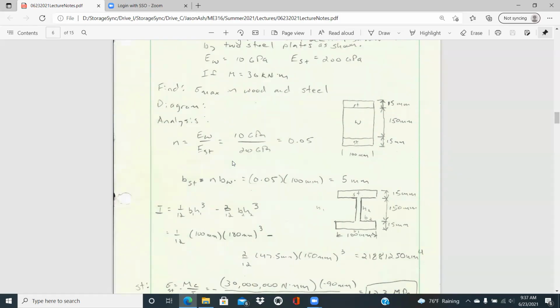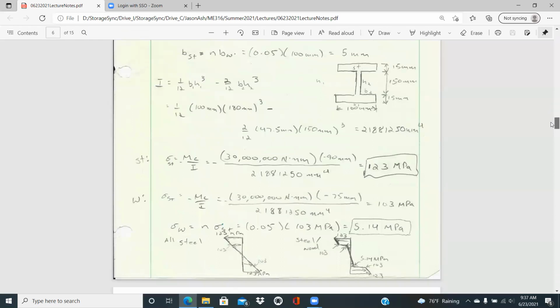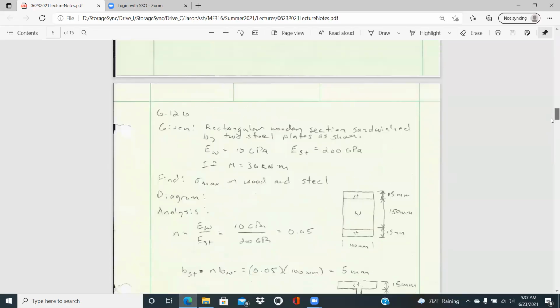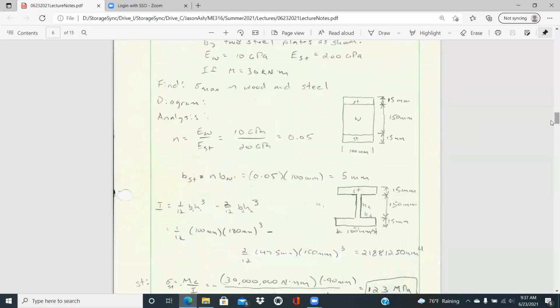Likewise, since steel has a Young's modulus much greater than the wood, that would expand the steel width out if you were to have solved it that way. So either way, you would get to that same profile for the stress distribution through the thickness of that composite beam that's comprised of wood and steel.